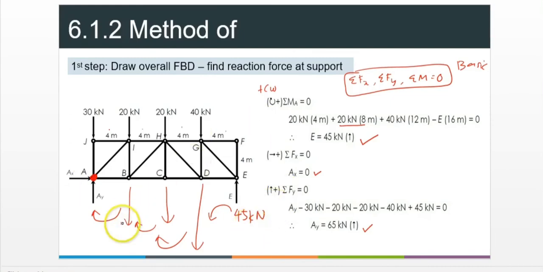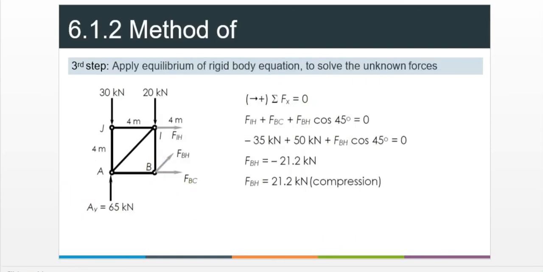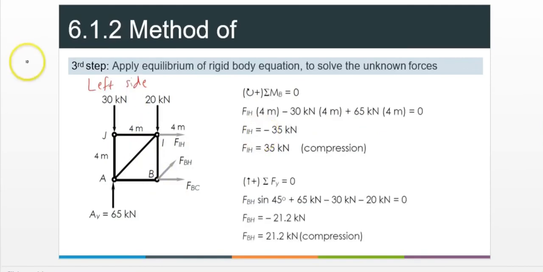So bila kita nak, okay, saya tulis lah, senang nampak kat sini. So bila kita nak calculatekan values to find the 3 unknowns tu, so kita letak moment. Okay, moment tu dekat B lah. Okay, sebab kita dah tahu value of AY 65.